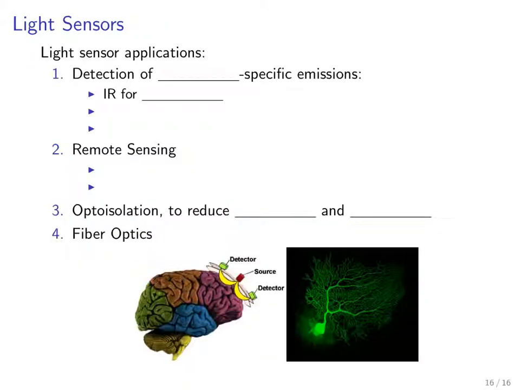To finish up, let's briefly go over some light sensor applications. One of the first set of applications is the detection of frequency-specific, or conversely wavelength-specific, emissions. For example, infrared detection to measure temperature non-invasively. We also have applications in fluorescence or luminescence.